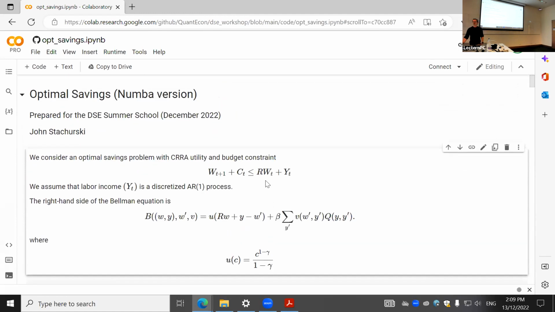The idea is that W is wealth, C is consumption, and Y is labor income. Capital R is a gross interest rate. And I'm going to have a Bellman equation, and the right-hand side of the Bellman equation is going to look something like that. So basically, I want to get the right value function.